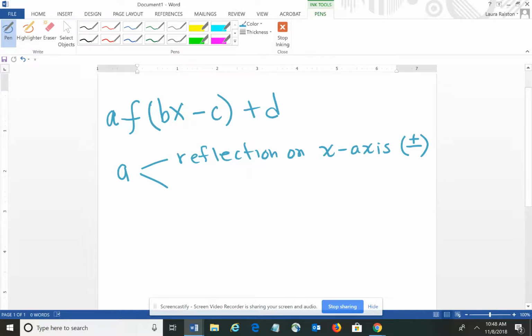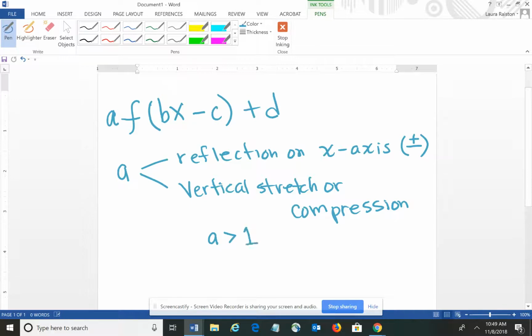And the A also tells you whether there's going to be a vertical stretch or a compression. And again, it kind of logically makes sense. If that A is greater than 1, it's a stretch. Think about if we stretched you, you would get taller or skinnier. And if A is less than 1 but greater than 0, it's a compression.